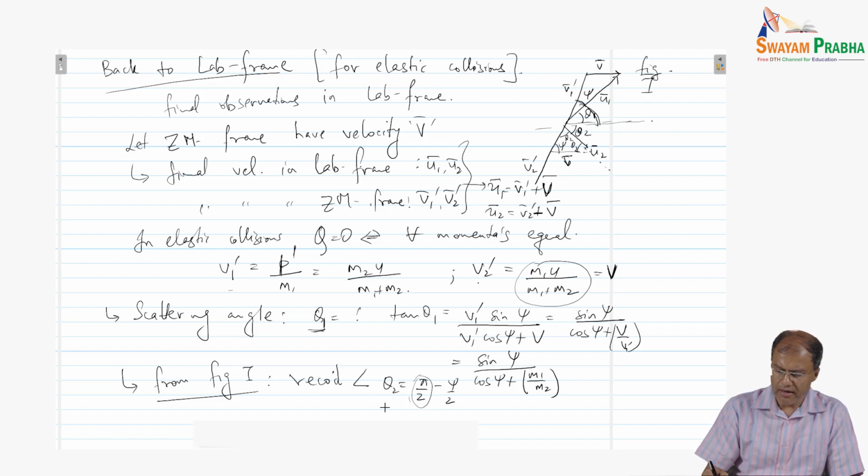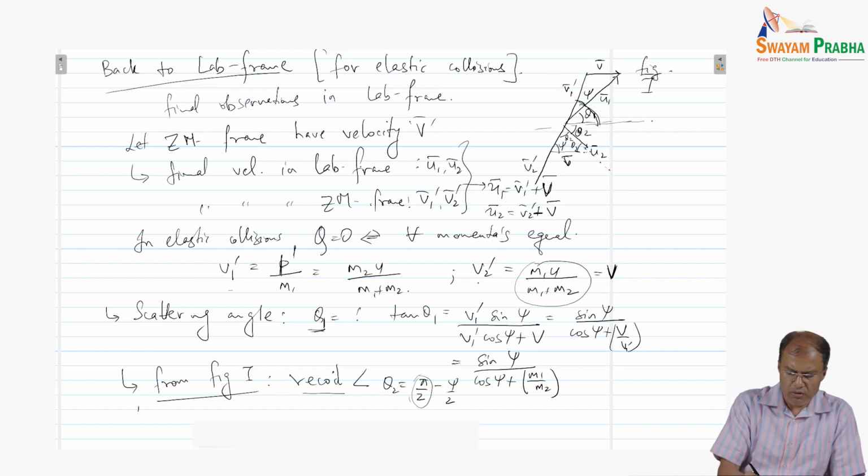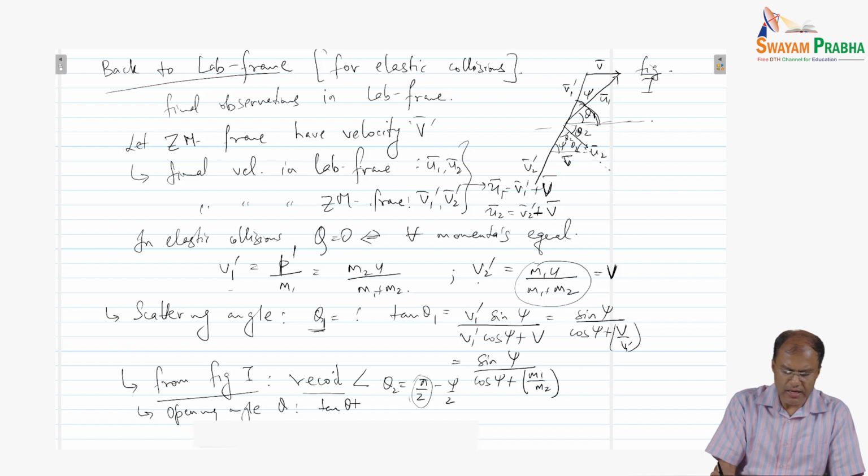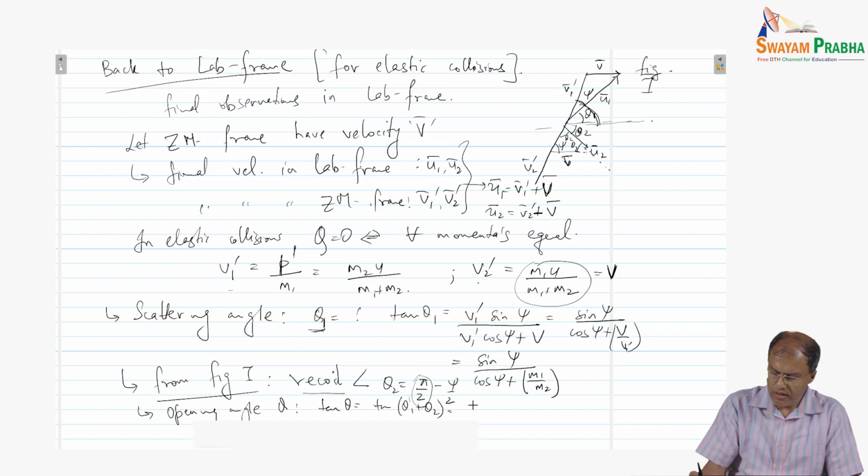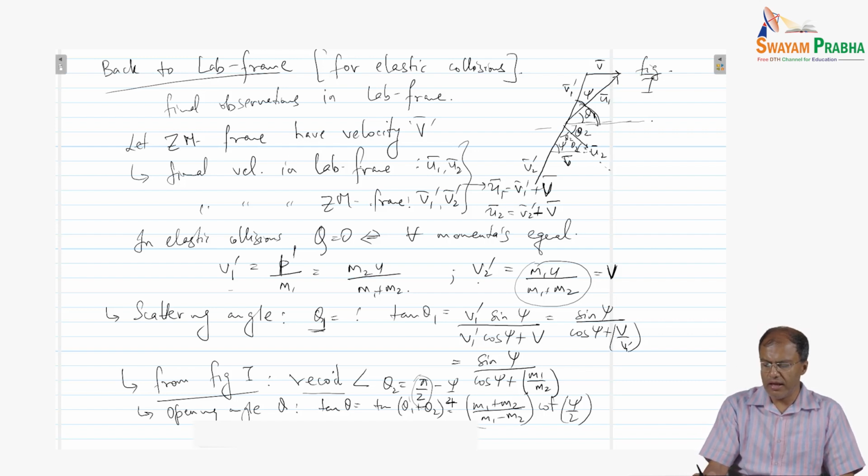well, I can rather not find the recoil angle but the opening angle, and from there I can find the recoil angle. So the opening angle theta is such that tan of theta 1 plus theta 2 is m1 by m1 plus m2 divided by m1 minus m2 times cot psi by 2, right? I have used these various relations for recoil and scattering angle, and this is what we find.